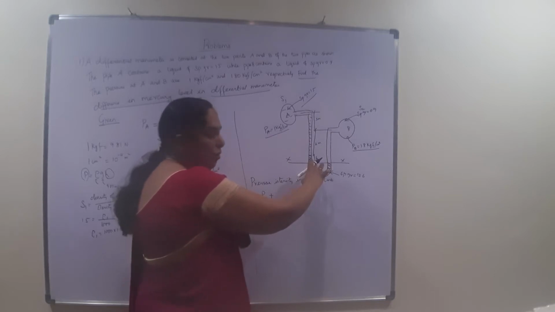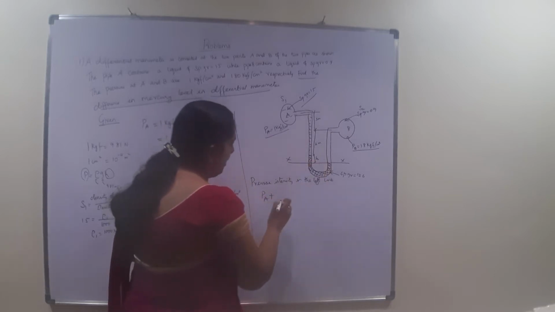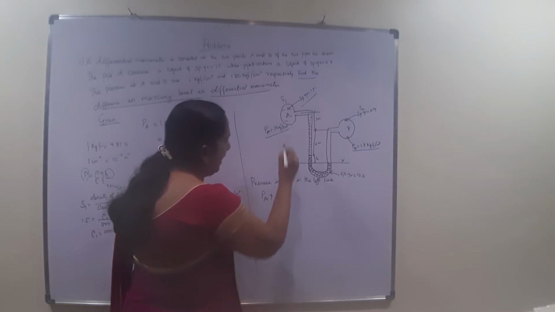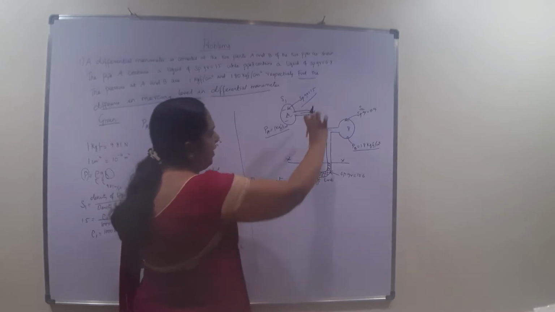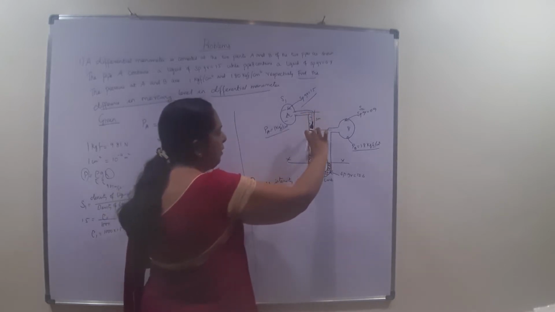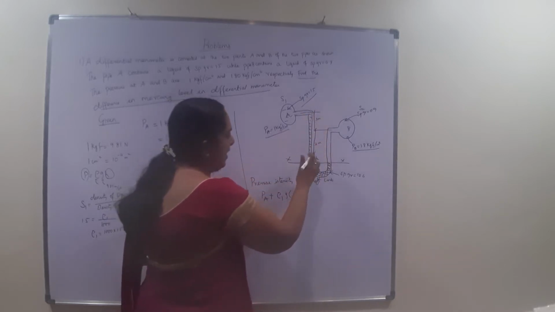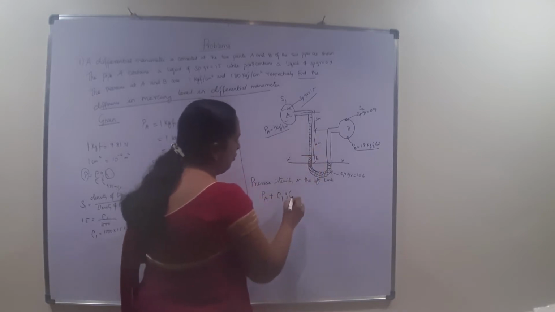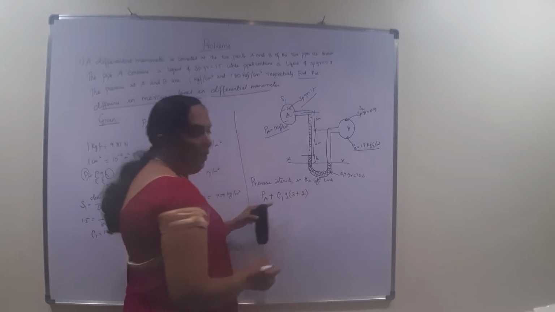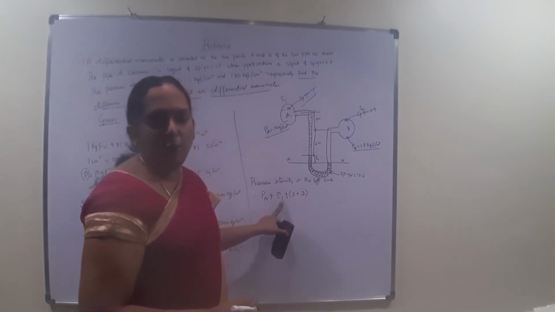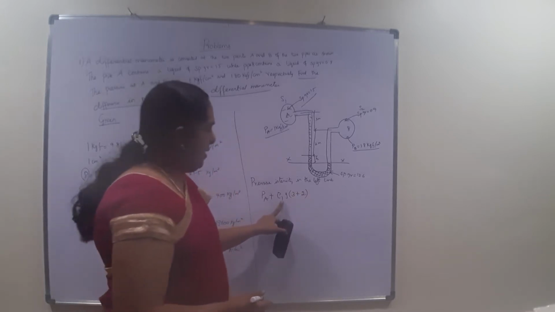The formula is rho, and since this is liquid 1, rho 1 into G into, instead of H, 3 plus 2. This is the height up to which this liquid acts. Am I right? It is rho 1 into G into 3 plus 2.